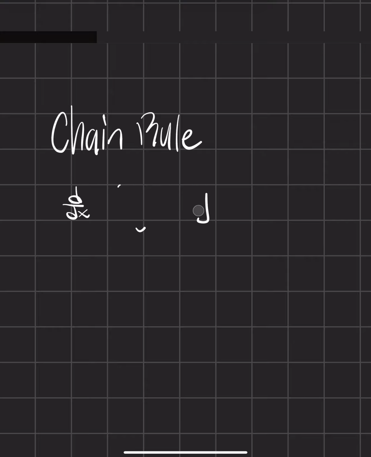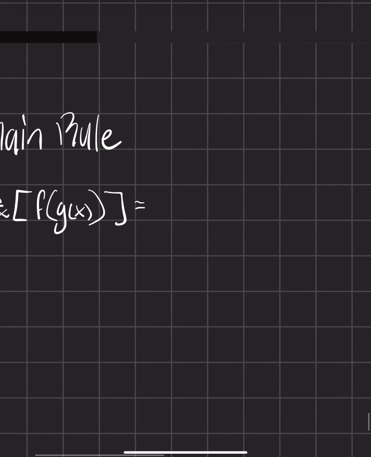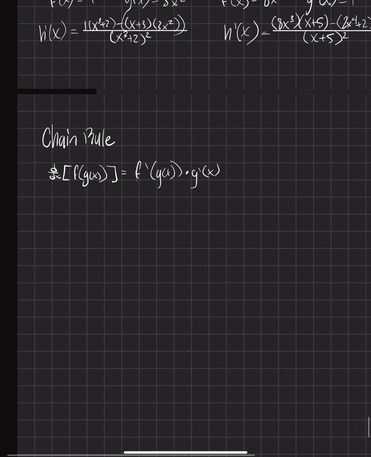Let me write this. It's a little ugly. f of g of x, right? And what our chain rule says is that if we want the derivative of that, it's going to be f prime of g of x multiplied by g prime of x, right?